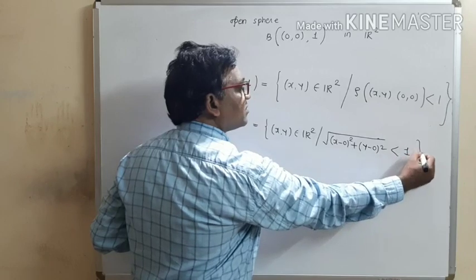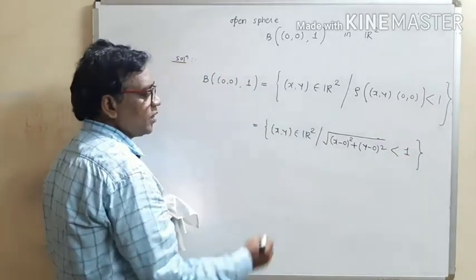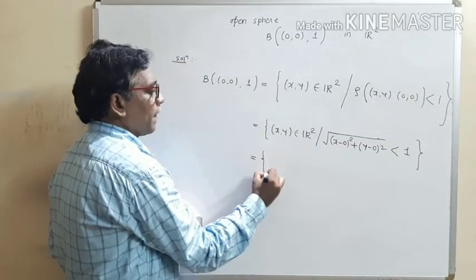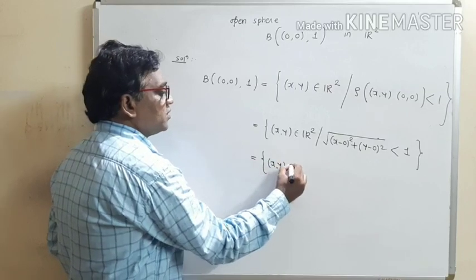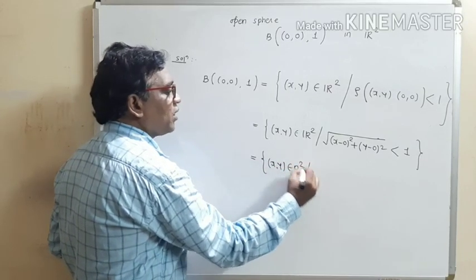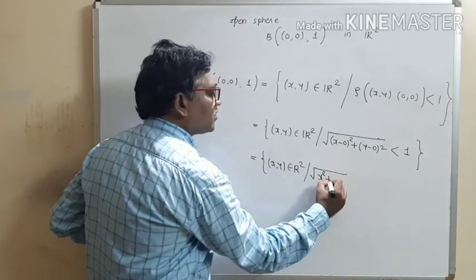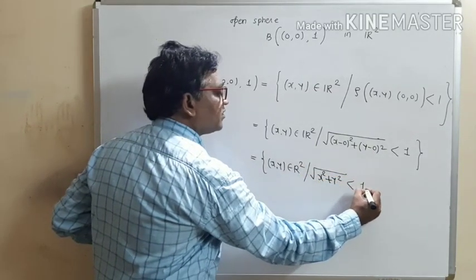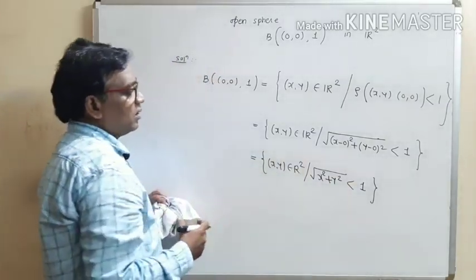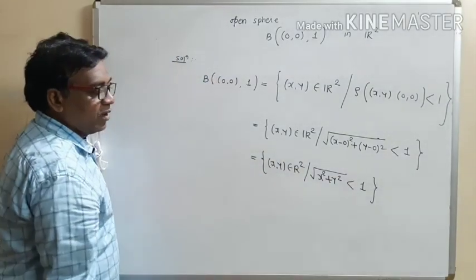This is less than 1. So this is equal to the set of all (x, y) in R2 such that under root x square plus y square is less than 1. So this is our required open sphere.